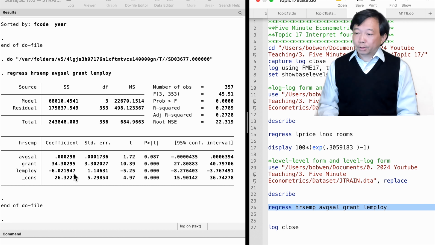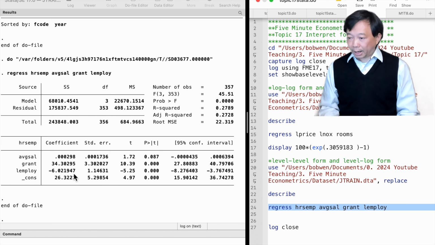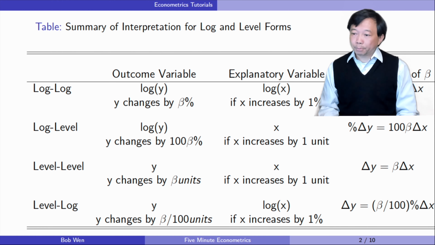This means that if the number of employees increases by 1%, the company trains its workers about 6 divided by 100, that is 0.06 hours less per employee. In other words, if a firm is 10% larger, it trains its workers about 0.6 hours less per employee.